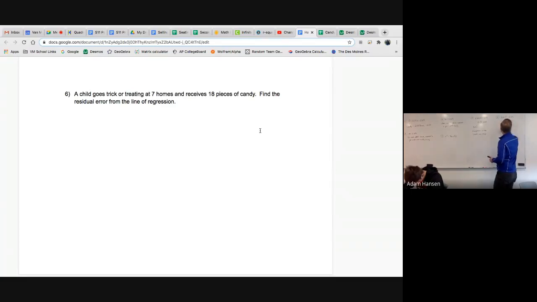So they should have gotten 13.63 pieces of candy, but they actually got 18. So the residual error is what minus what? Order matters. Good. Nora says take 18 minus 13.63. They did better than was previously thought. So my residual difference is 4.37.